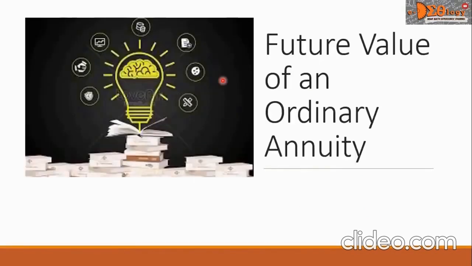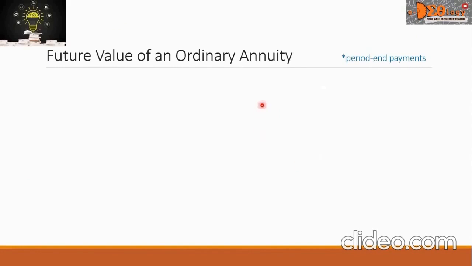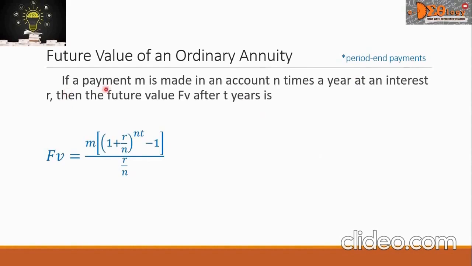In this video, we will focus on the future value of an ordinary annuity. Remember, for ordinary annuity, payments are made at the end of every period. If a payment M is made in an account n times a year at an interest R, then the future value FV after t years is given by this formula.